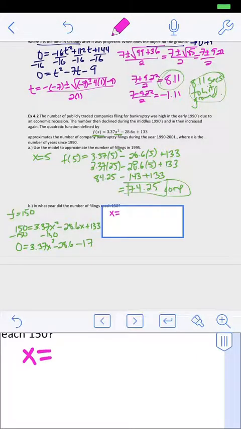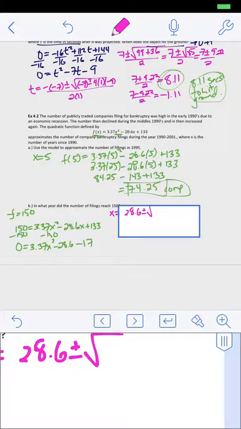So x is equal to minus b, which is going to be a positive 28.6, plus or minus the square root of, let's just write this as we've been.